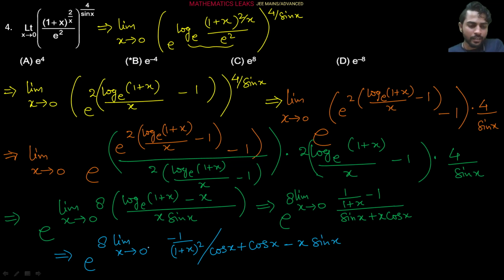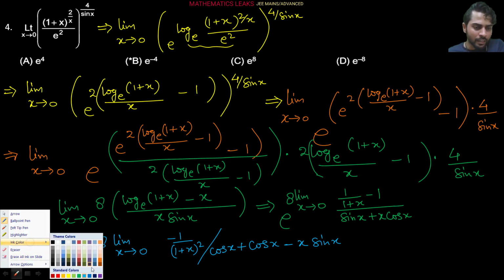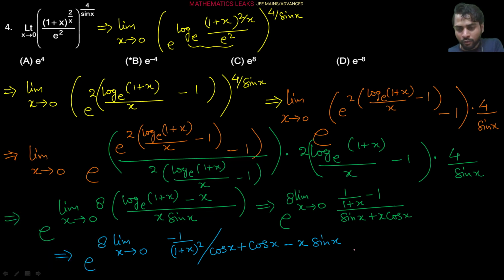So from here you can see when we apply this limit, we get e to the power 8 as it is, and when we put x as 0, minus 1 upon 1 square, so minus 1 only is the numerator.